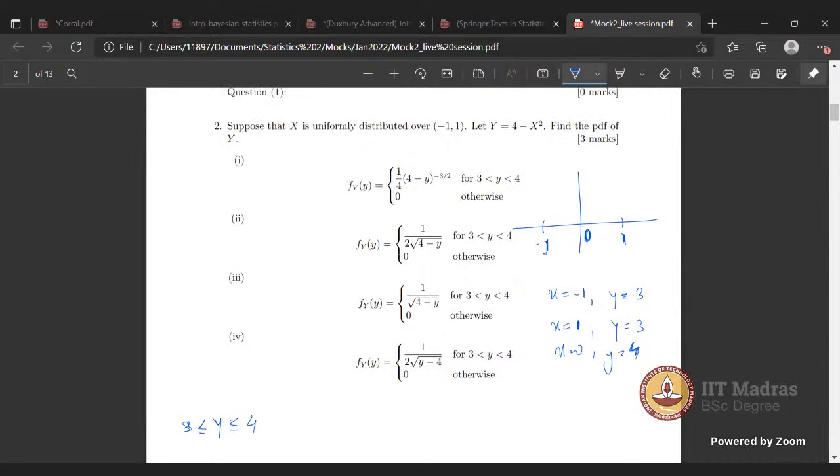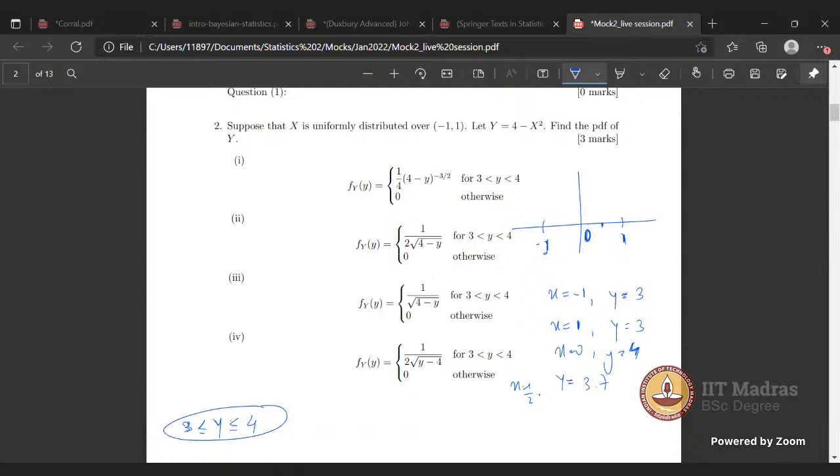You take any point there. Let's say I am taking half. If x equals half, what is y? 3.7, right? It will again come in this range, 3 to 4.